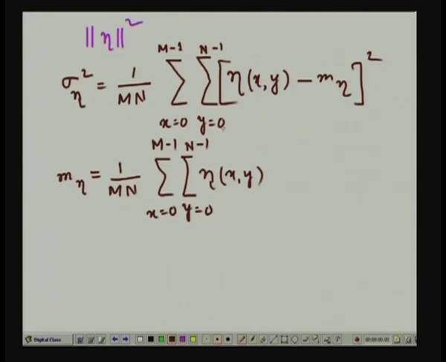Now, from this you find that this particular term is nothing but our eta square.